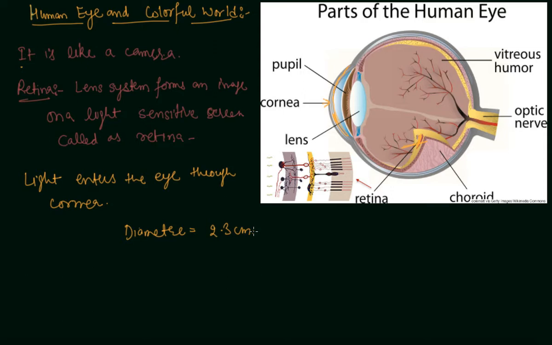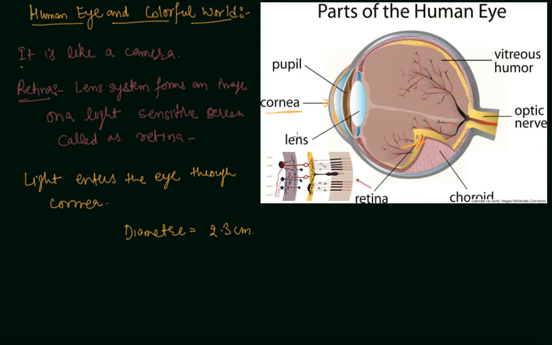Most of the refraction of light rays entering the eye occurs at the surface of the cornea.